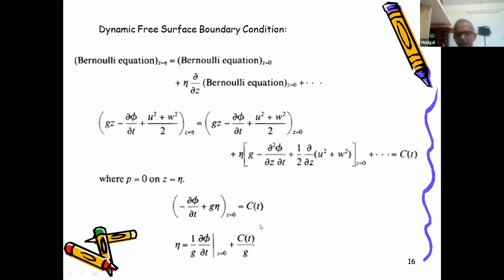Now we need to determine this c of t, and how it is done is that when you take the average value over one wavelength, then naturally that constant would become 0.